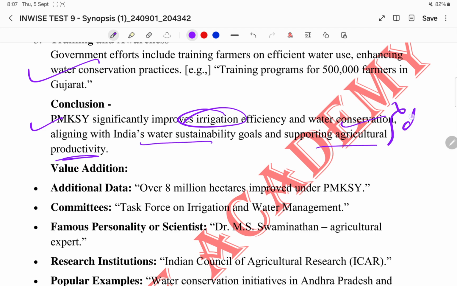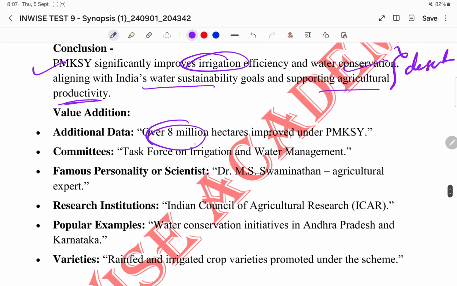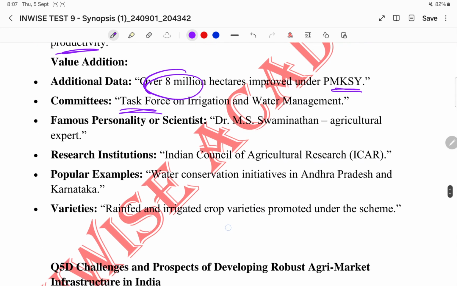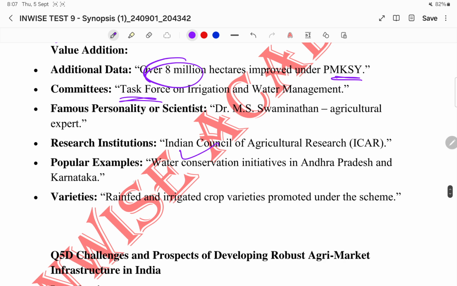A decent conclusion, right? Fine. Over 8 million hectares improved under the scheme. There is a committee called the Task Force on Irrigation and Water Management. Okay, research institutions. Then some popular examples in the states of Andhra Pradesh and Karnataka.